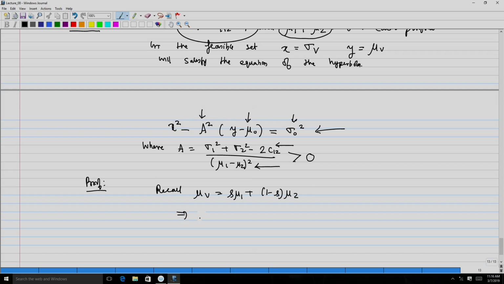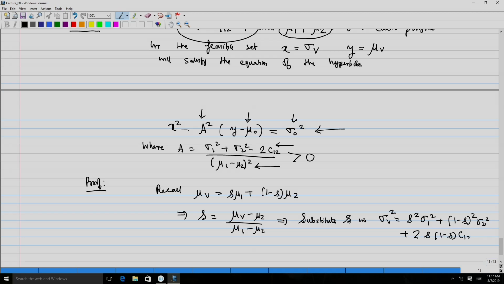So, this implies that S is equal to mu v minus mu 2 over mu 1 minus mu 2, and then I substitute S in sigma v square is equal to S square sigma 1 square plus 1 minus S square sigma 2 square plus twice S into 1 minus S into C 1 2, and this will give you your expression.